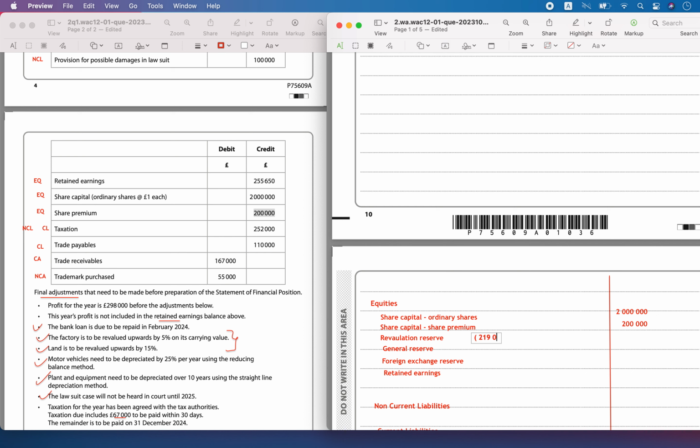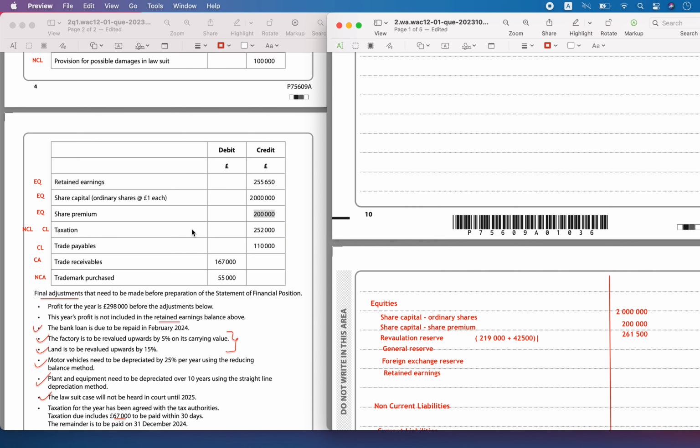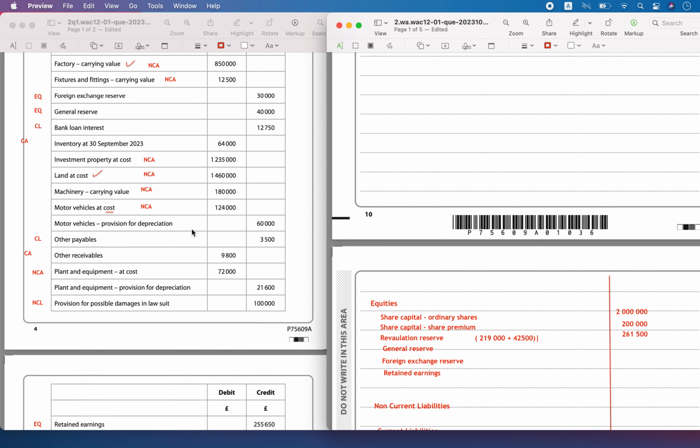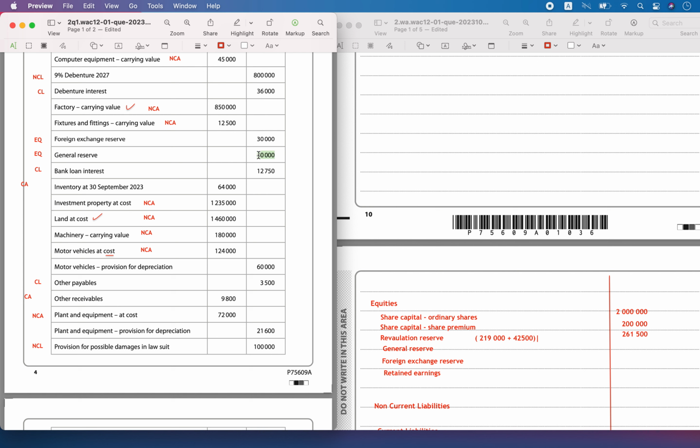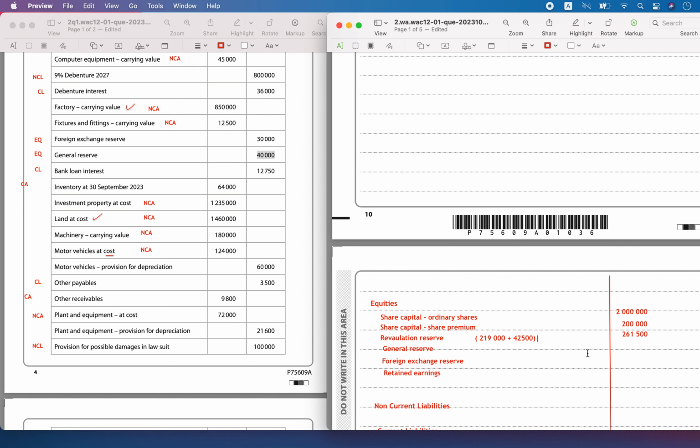So 219,000 plus 42,500 is 261,500. That's the revaluation reserve. Then you have the general reserves, which is at 40,000.